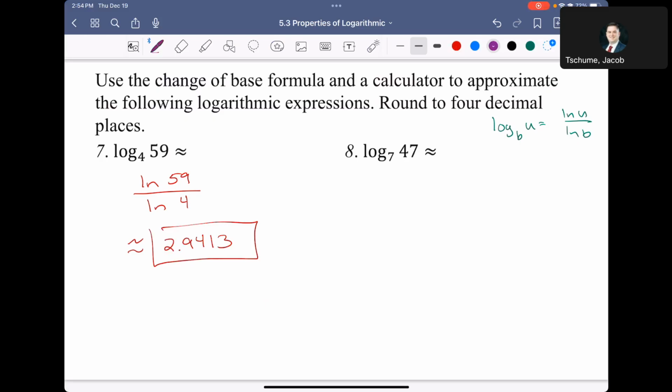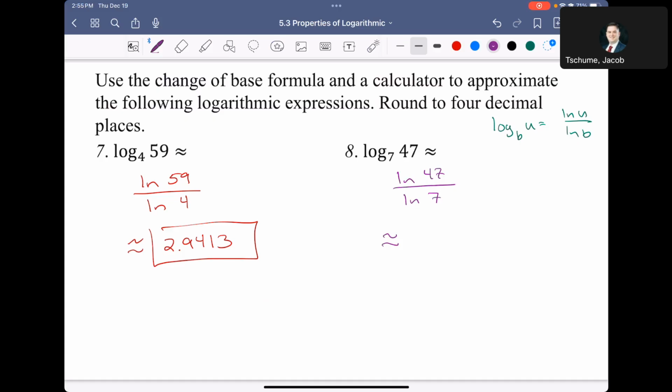Just to do one more so you have it in your notes, let's approximate what log base 7 of 47 is. Using the same change of base formula, I can rewrite this as the natural log of the inside number, which is 47, divided by the natural log of the base, which is 7, and then I can use my calculator to approximate this to 4 decimal places. So let me do that.